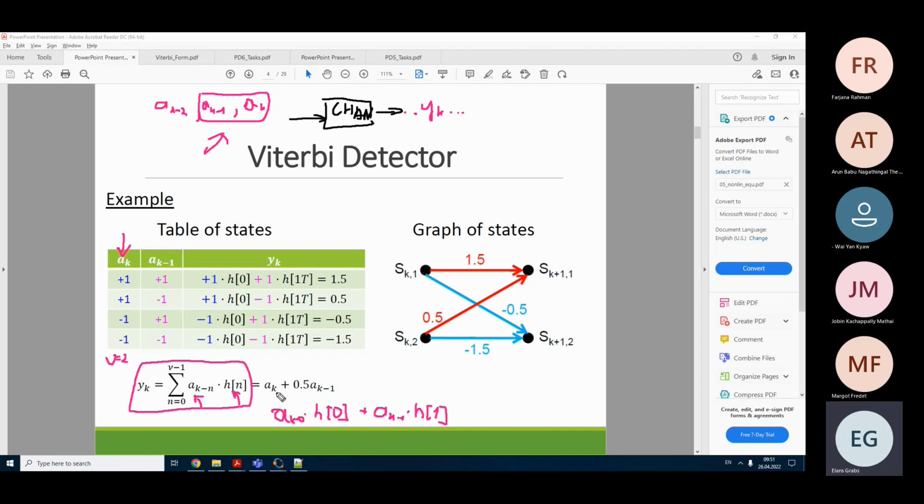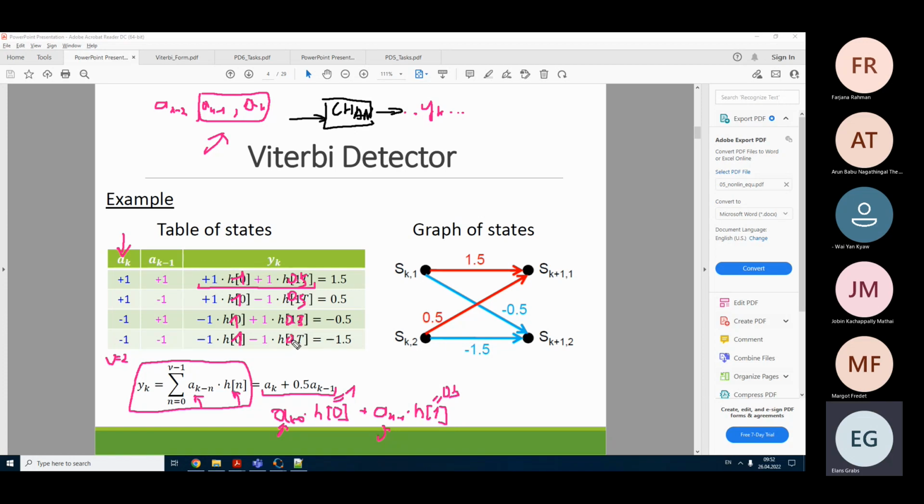In our particular case, H0 is 1 and H1 is 0.5. So this is the formula for our channel, which we use here, substituting AK into this position and AK minus 1 into this position. Here you can clearly see that we calculate the actual value. H0 is 1 and H1 is 0.5.